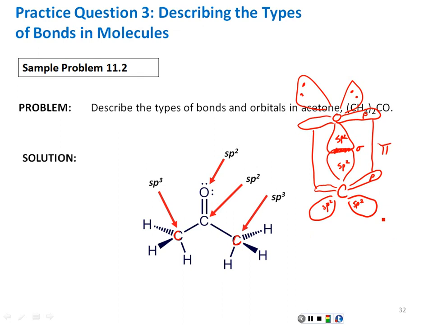Now I'll just draw one of the carbons, the methyl groups. There are 4 equivalent orbitals, so that'd be an sp3 overlapping with an sp2, forming a sigma bond. You have 3 more sp3 orbitals, and they overlap with the s orbital of a hydrogen to form a sigma bond.